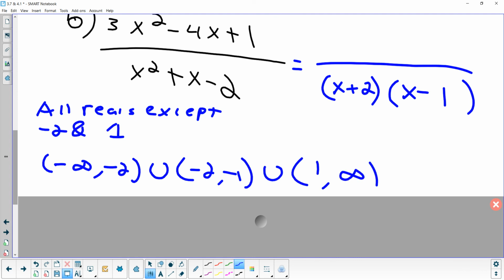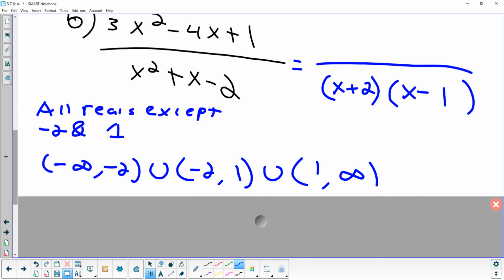So below -2, between -2 and 1, or bigger than 1. Both answers are correct, but again, this interval notation is definitely important for the test. Okay, any questions on that one?